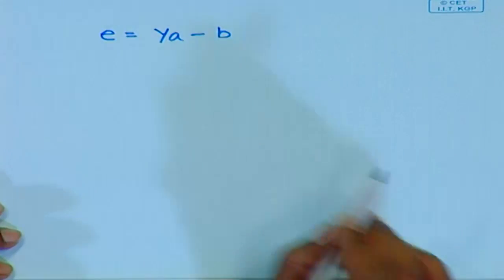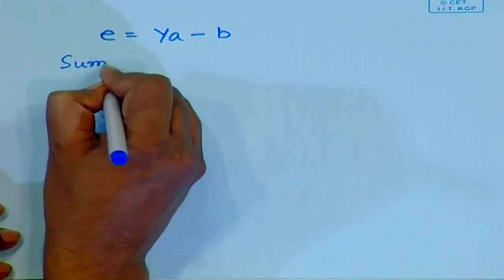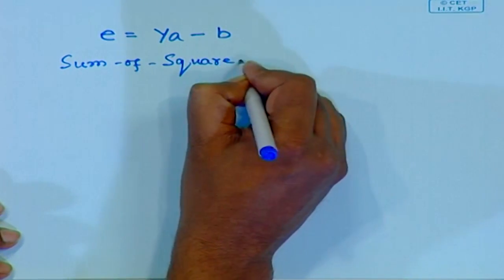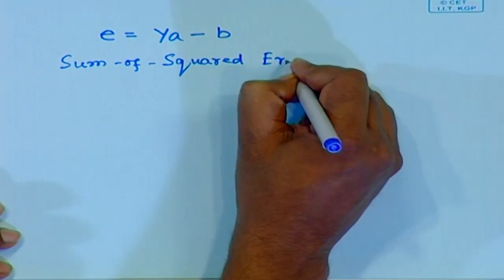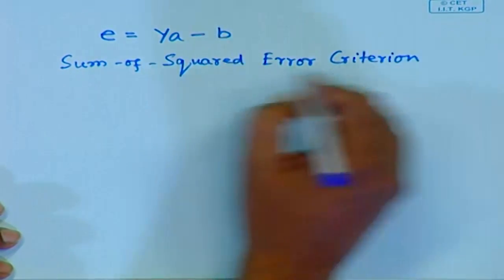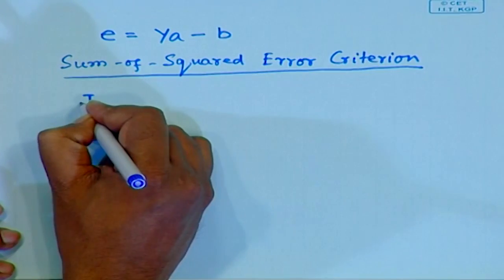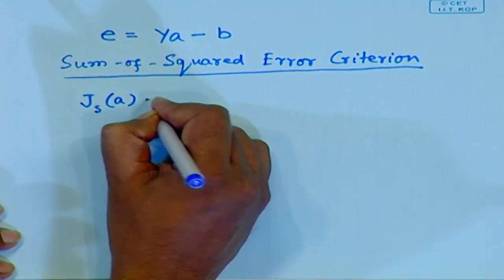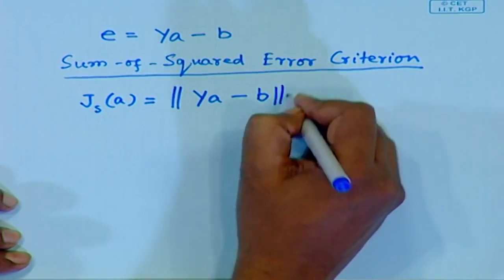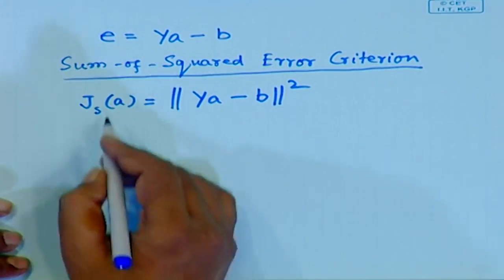So, for that let us define a criterion function which is the sum of squared error. Let me write it as J_s(a), which is equal to the norm of Ya minus b, squared.